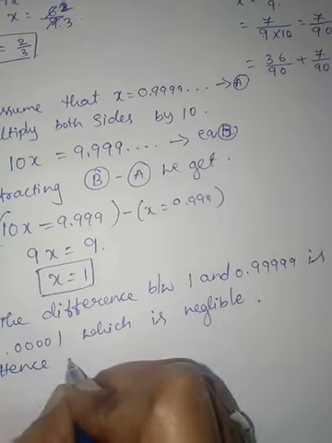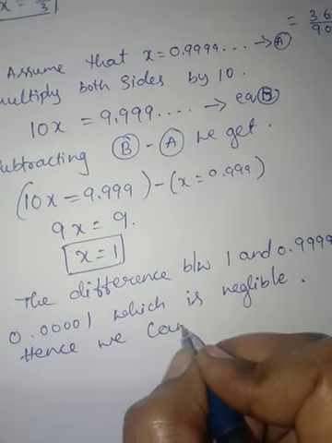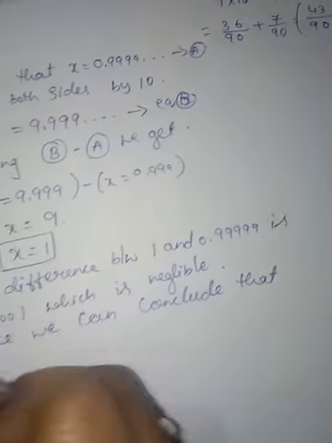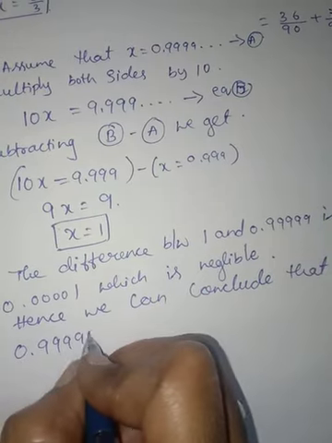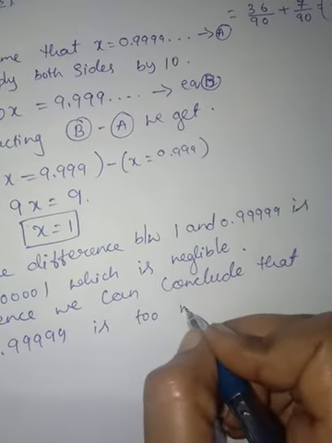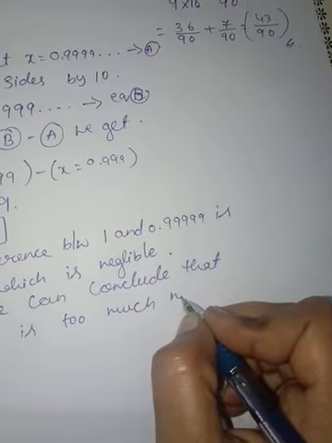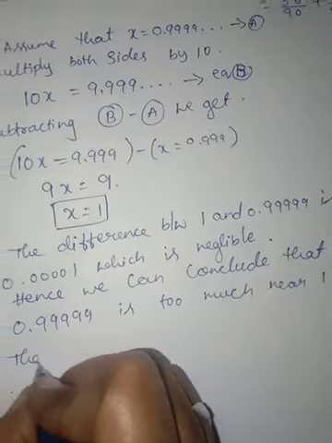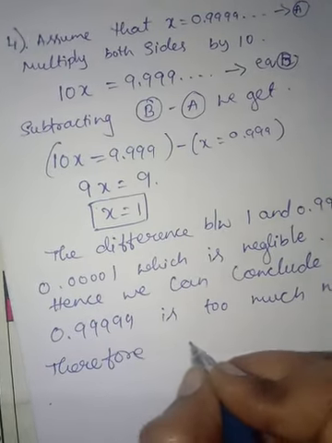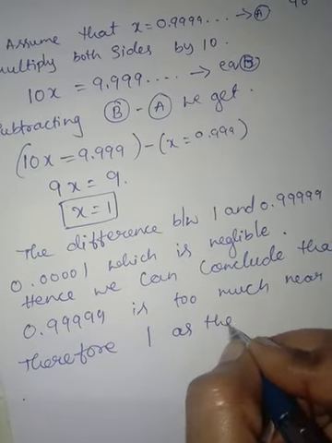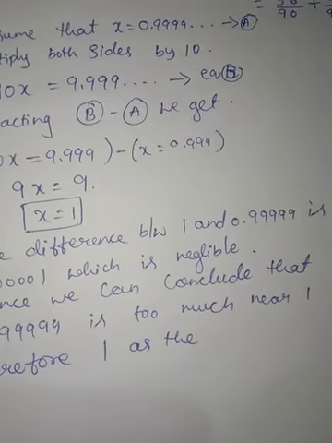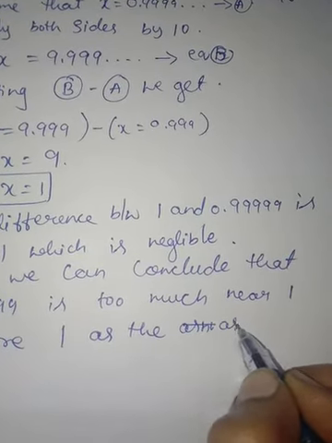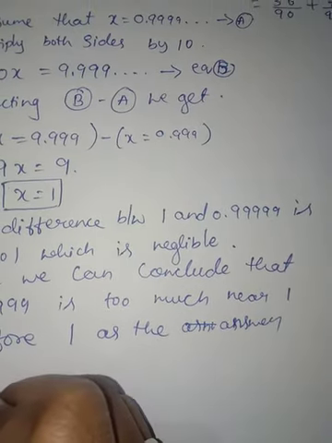Hence, we can conclude that 0.9999 is very near 1. Therefore, 1 as the answer can be justified.